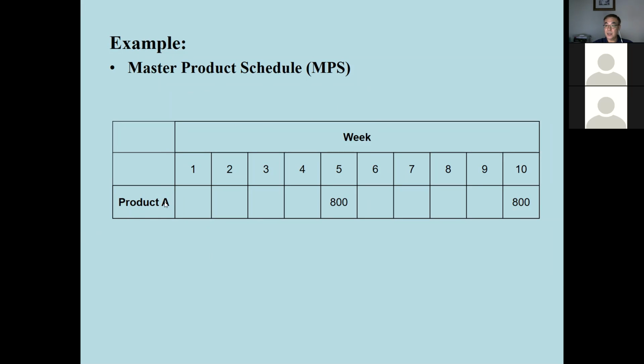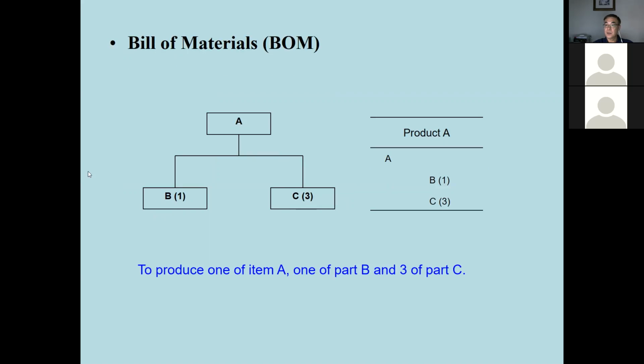Final product A needs 800 in week 5 and again 800 in week 10. And the bill of materials, BOM, shows the structure of final product A. A needs 1 B part and 3 C parts.